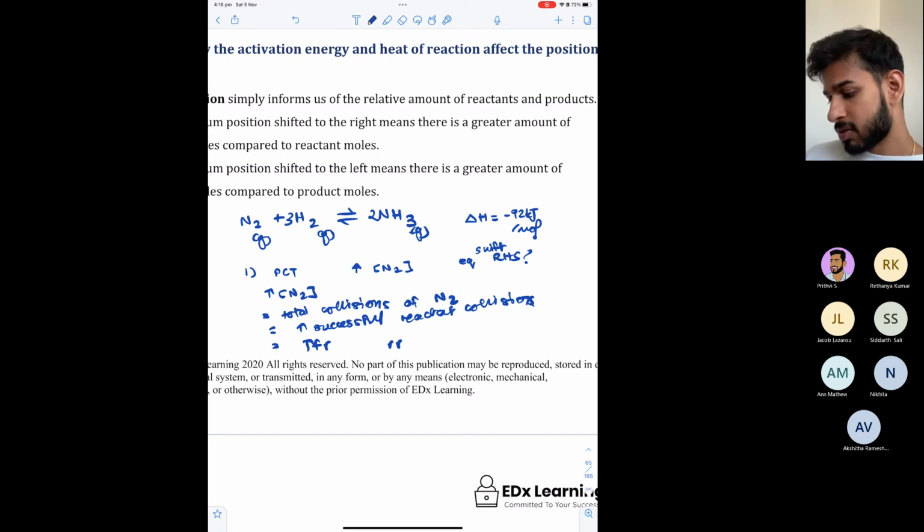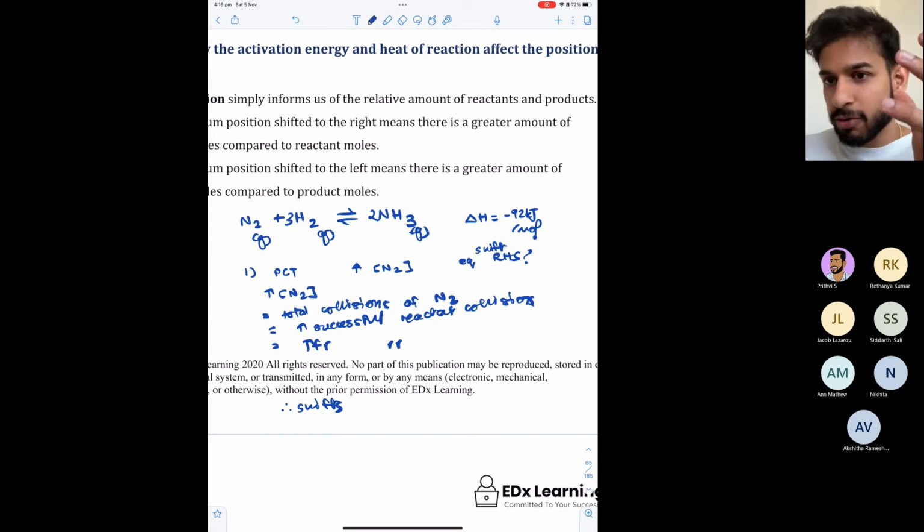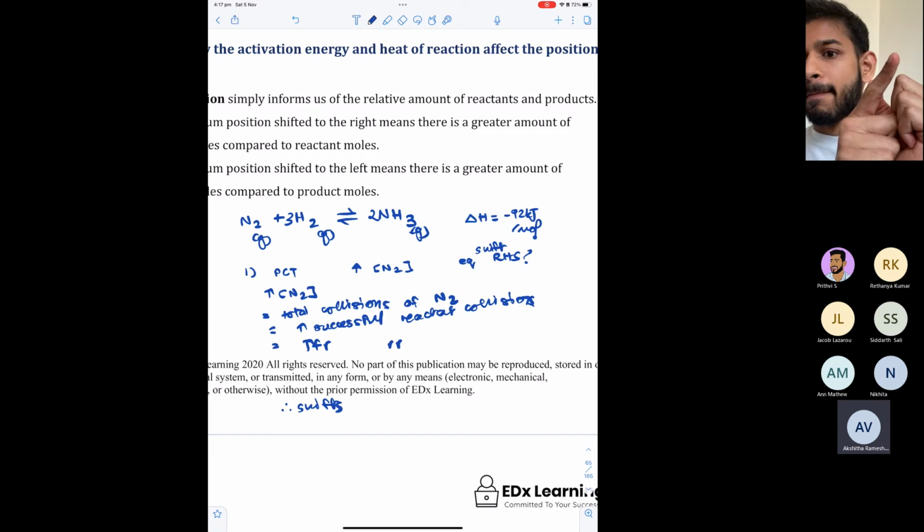So, Akshita, my forward reaction rate has been increased. Think about this. If my forward reaction rate has increased, what is a forward reaction rate, Akshita? What is colliding to form what? Nitrogen and hydrogen. Yes, to form what? To form ammonia.